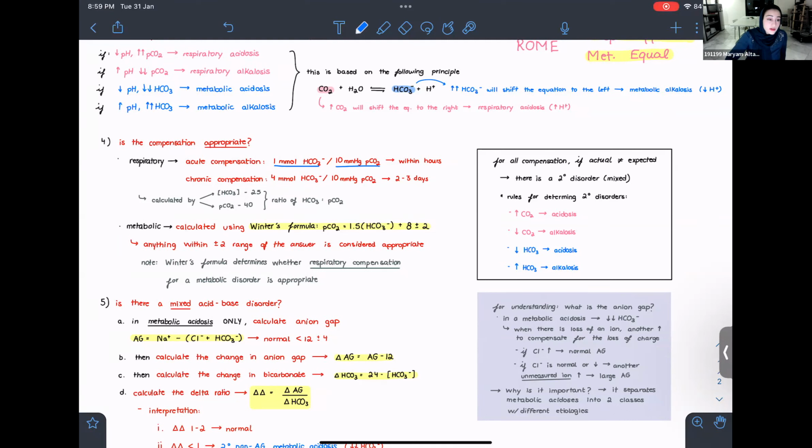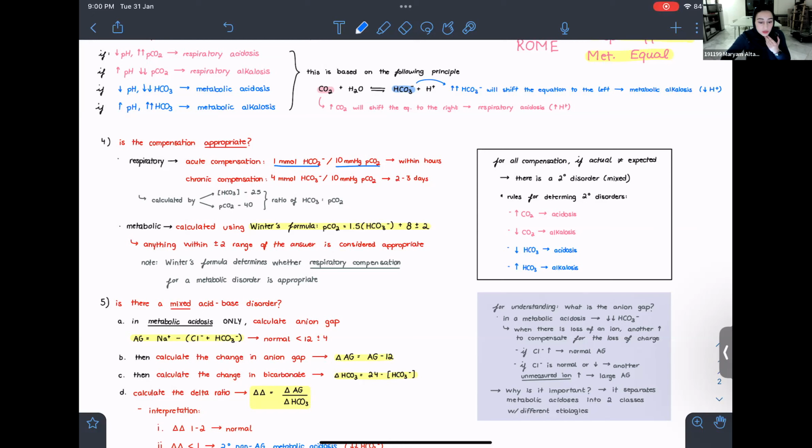So let's say, sorry, you have a respiratory acidosis, and you want to know, is the compensation appropriate? So our normal values, because it's very crucial that you guys have these in mind, I'm just going to write it down for you in the chat, okay? So our normal values for calculations, we said sodium, we know the normal is 135 to 145.